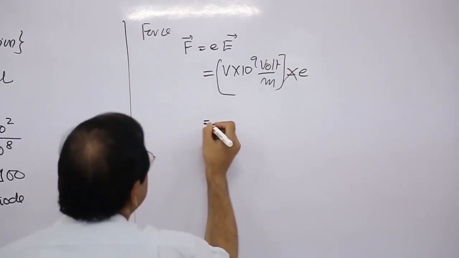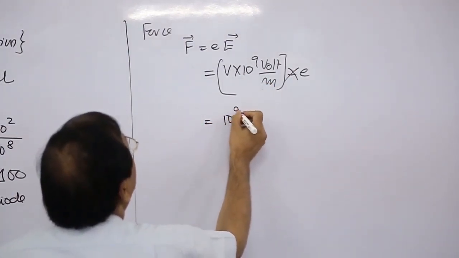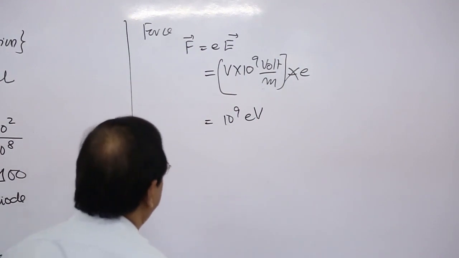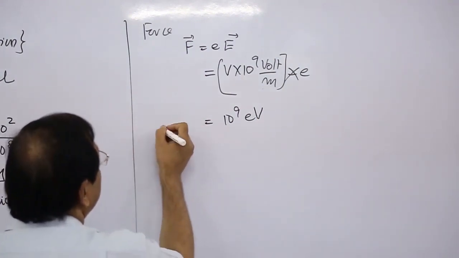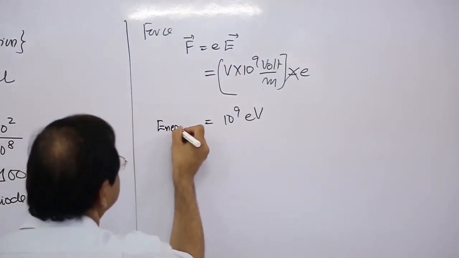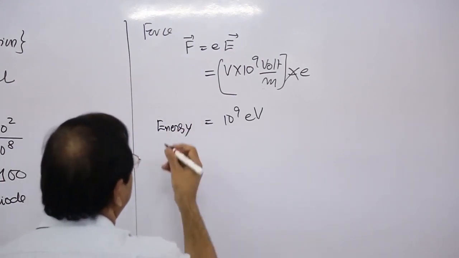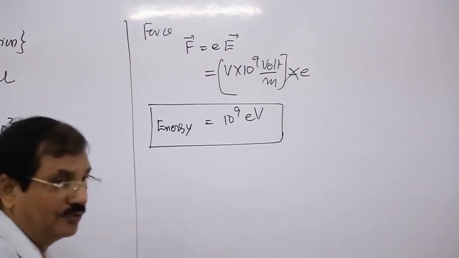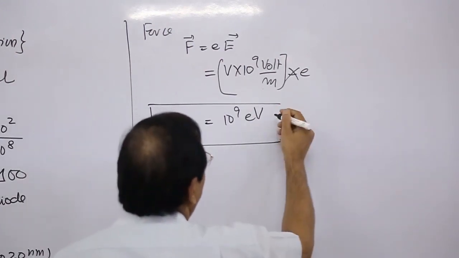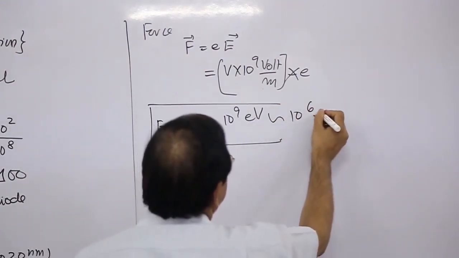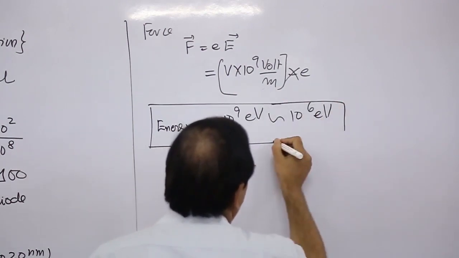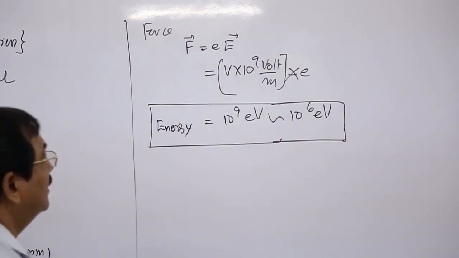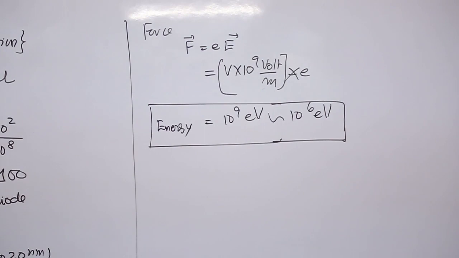That is 10 to the power 9 electron volt energy to 10 to the power 6 electron volt energy available for the electrons across the junction.